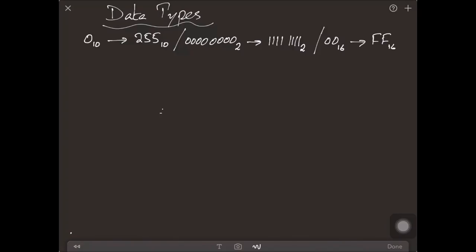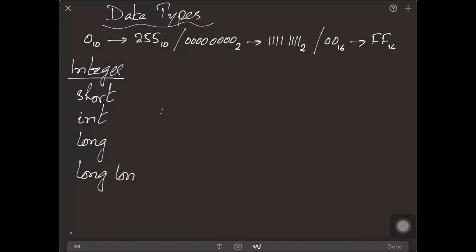Like all the other languages, C also supports multiple data formats for both integers and floating point data. For example, we have integers, and in integers the data types that are supported are short, which can be signed as well as unsigned, int, which can be again signed and unsigned, long, and long long.